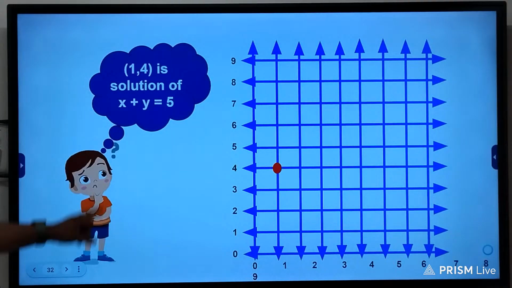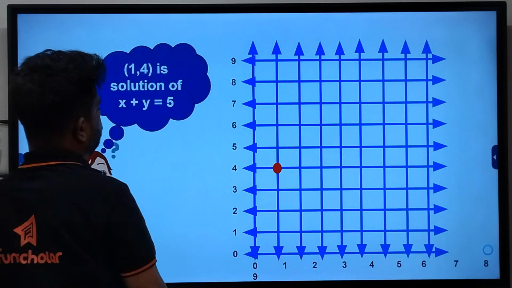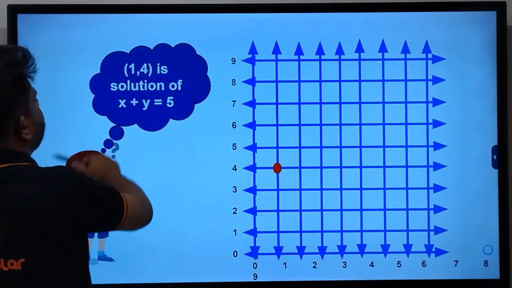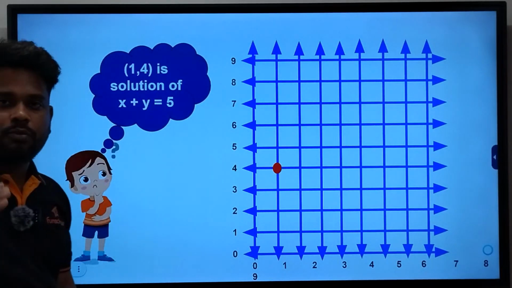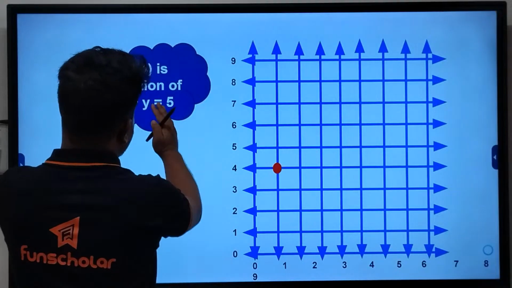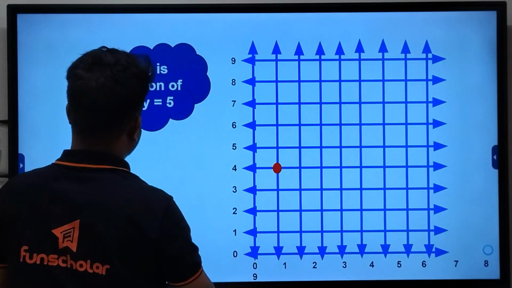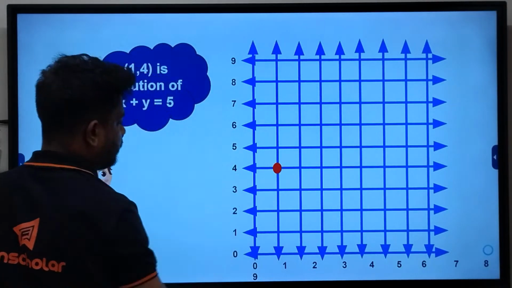1 comma 4 is the solution of x plus y equals 5. Obviously, if I put 1 in x's place and 4 in y's place, the value of the equation will be 5, and this point can be plotted here, just like 1 from here and 4 from here.